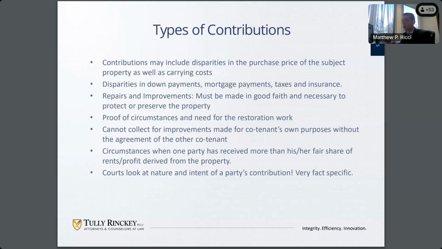Courts may also look to allocate the proceeds based upon the disproportionate receipt of rents or profits gained from the property by one party over the other.